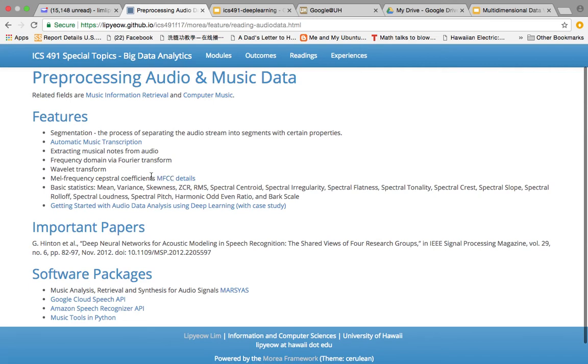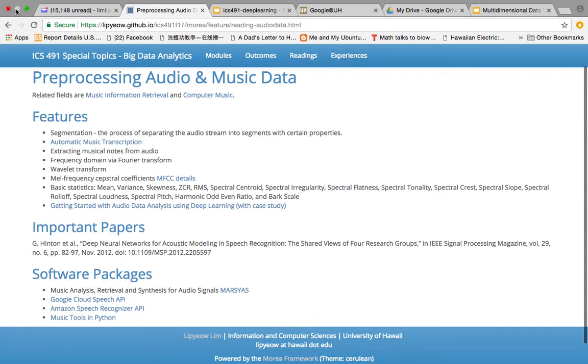But if you're looking into specific stuff, like music, where you give an MP3 file and try to figure out the genre or the beat, there are other types of packages. There's a package for music analysis, retrieval, and synthesis for audio signals. Go take a look at this.